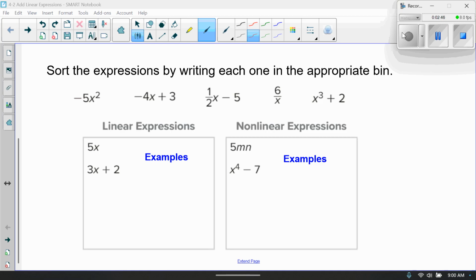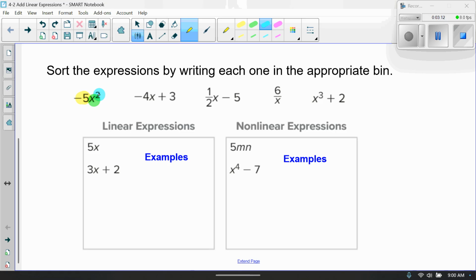Okay? So negative 5x squared. Negative 5x squared, that's a constant, negative 5, that's a constant. And it is the product of an exponent. But the exponent is 2.